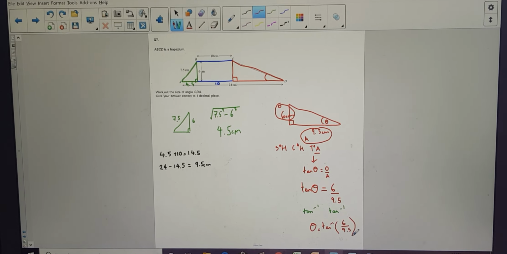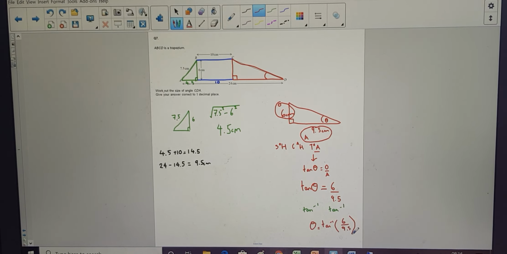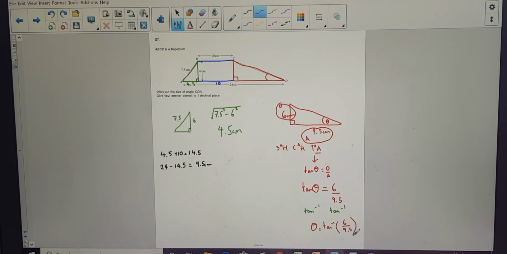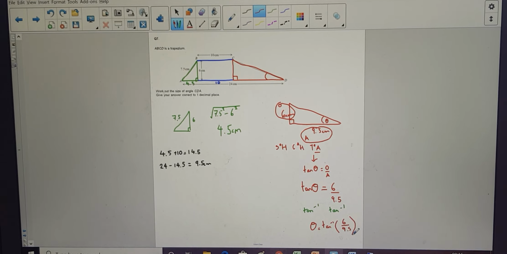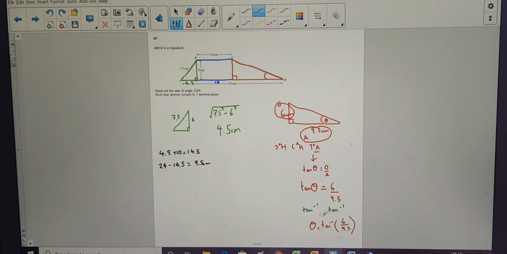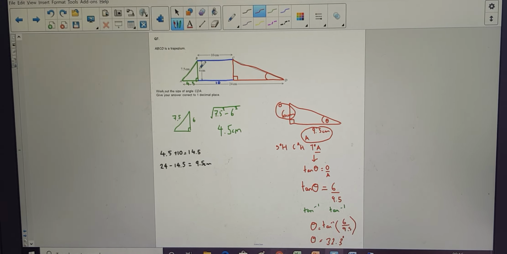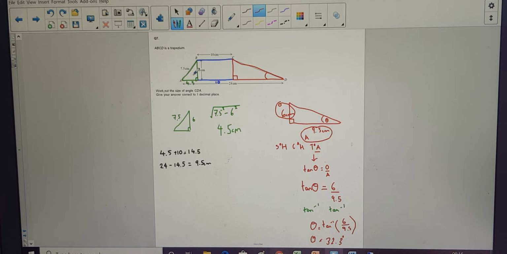So into my calculator it goes. Inverse tan of 6 divided by 9.5 equals 32.27, or what did it ask for? It asks for one decimal place. It would be 32.3 degrees.